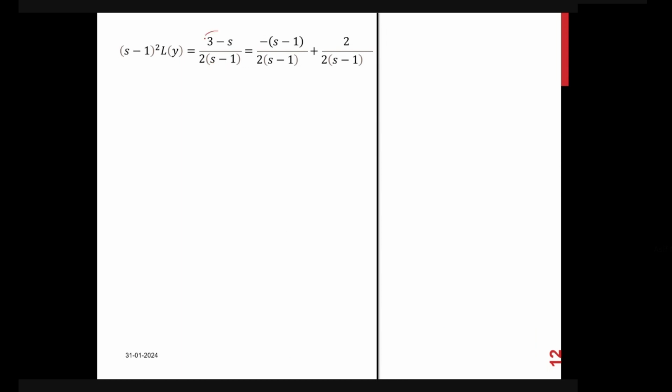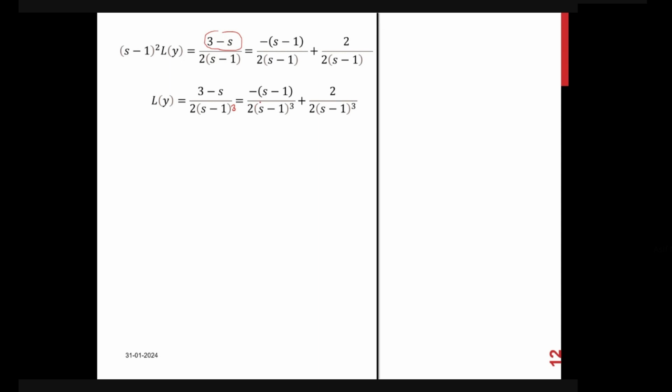Now this 3 minus s can be simplified as minus s minus of s minus 1 plus 2, divided by 2 s minus 1. Now L of y is equal to 3 minus s divided by 2 into s minus 1 all cube.